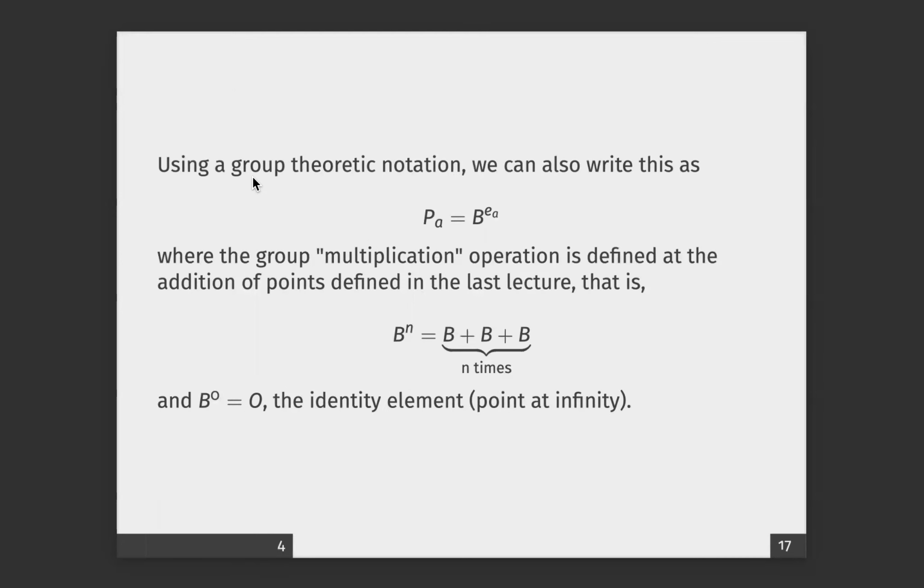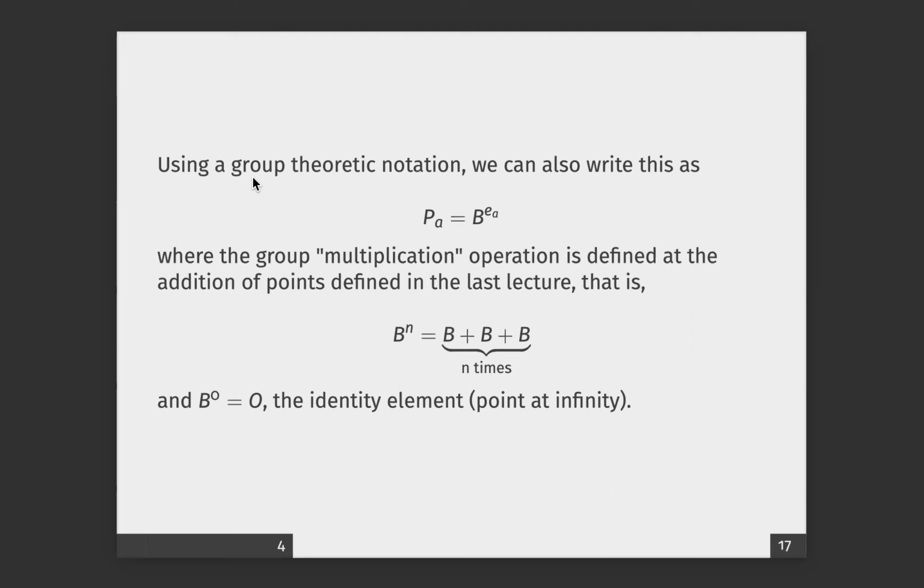So this is where the power of group theory manifests itself in terms of abstracting the concepts, the mathematics of elliptic curve cryptography. In group theory, we have the definition of a group.